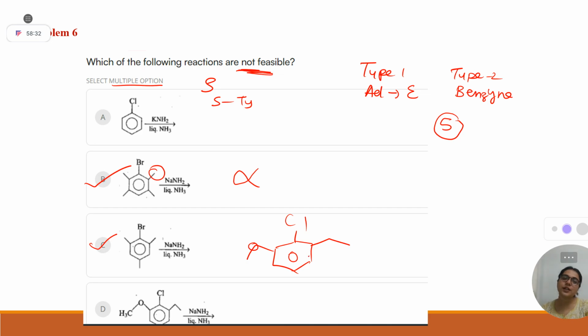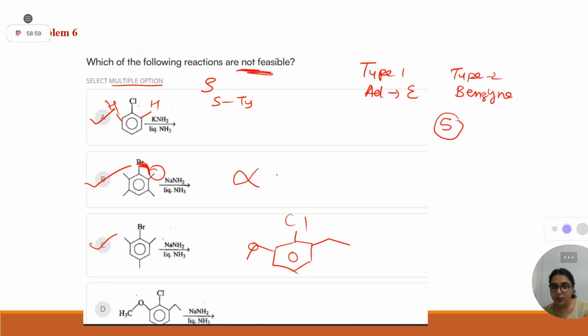One thing you can notice is all four options are going via the benzyne mechanism. Only A can take place because it is having ortho protons available. But in D also ortho protons are not there. Yes or no? Yes, ma'am. And one more thing, an ortho proton should be available at the leaving group position.